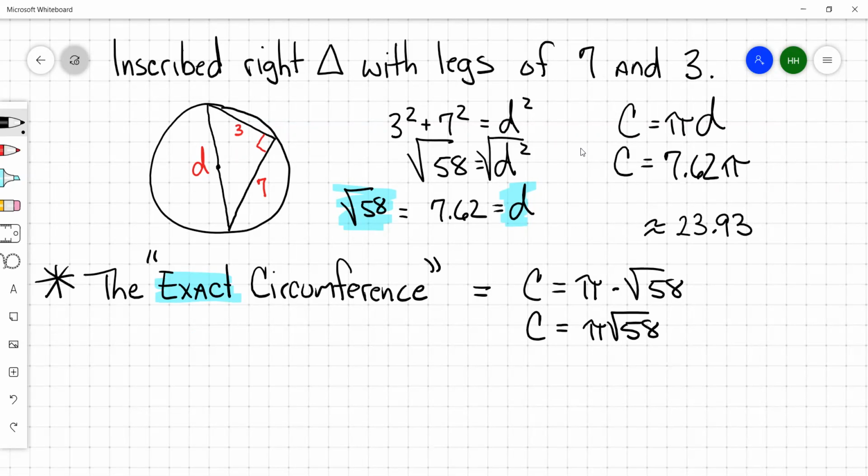So the word exact in the question means don't find any square roots and don't multiply it by 3.14. It means leave your radicals as radicals and leave your answer in terms of pi. Understand?